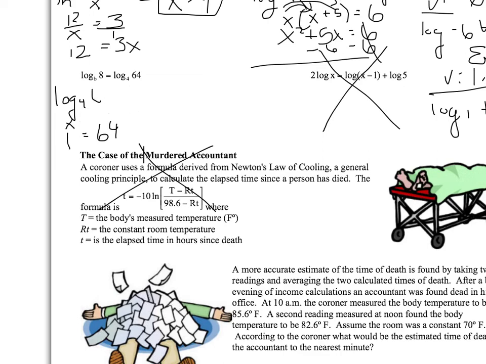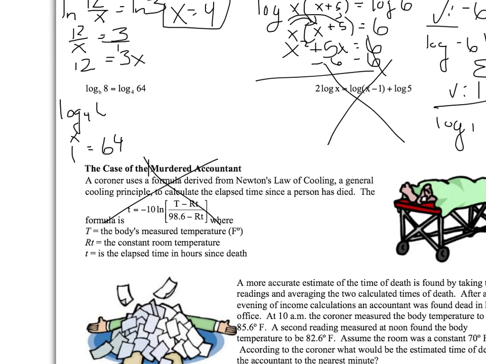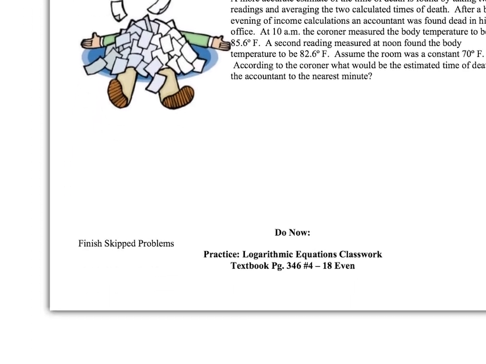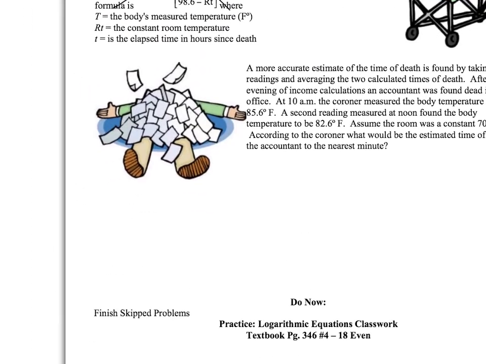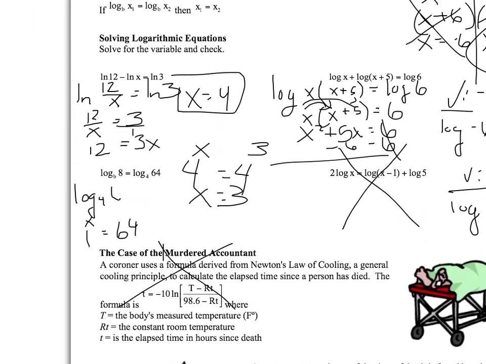Then you ask yourself, okay, so 4 to what power equals 64, and it's 4 cubed, therefore x equals 3. And again, we're skipping that word problem 1, and we'll work more on these types of problems in class tomorrow.